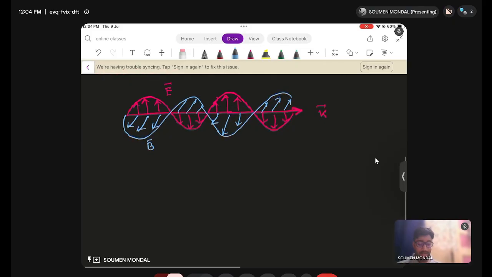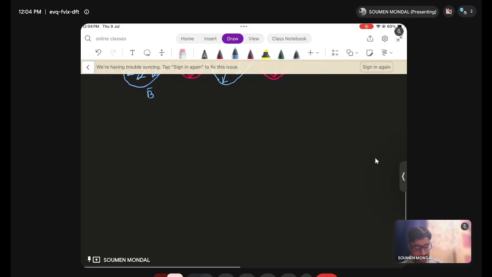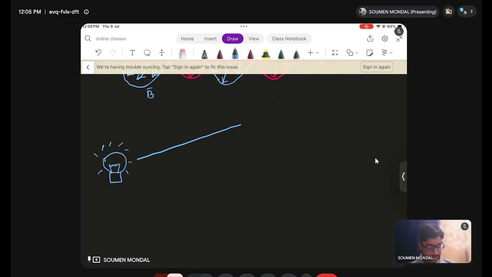Now if we have a random source of light, let's say a light bulb, it produces light waves. Let me focus in one direction. Lots of light rays or light waves are going in that direction. Some of the rays have the electric field oscillating in the plane of the page. Or maybe there are light rays for which the electric field oscillates perpendicular to the page.